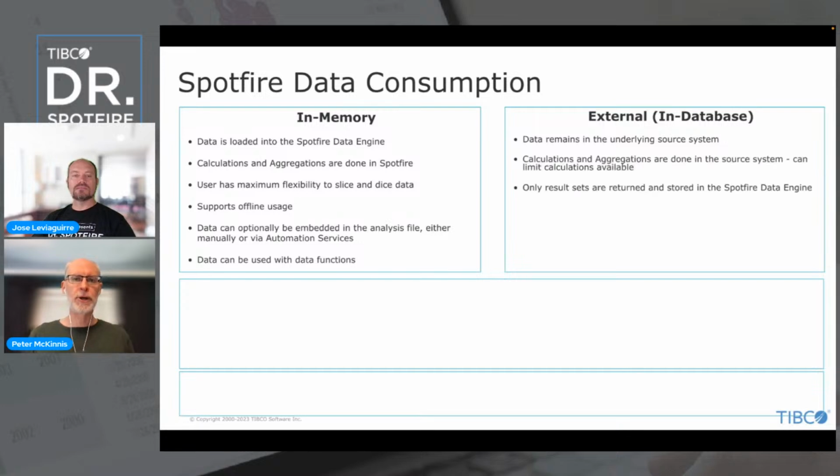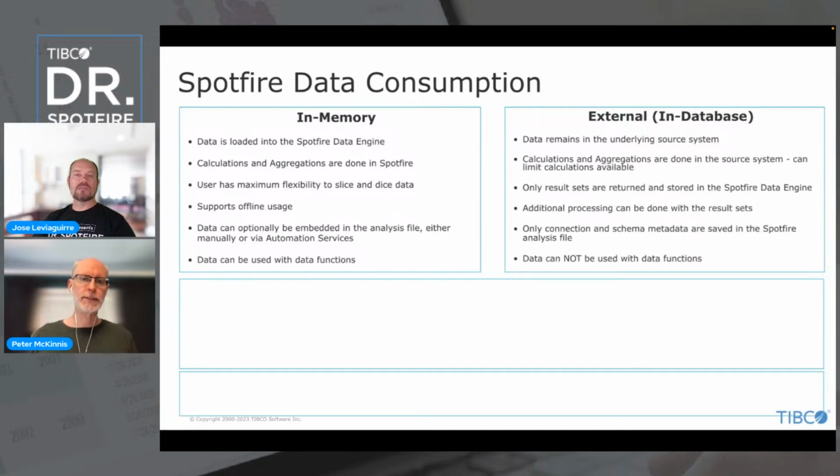In contrast to external data, where the data remains in the database, all the calculations and aggregations are done in the data source system. So you can be limited by the calculations that are available. This depends on the data source, the connectors, and what's available in the database itself. The database also needs to be able to handle the queries coming back, so you need to have it optimized for that.